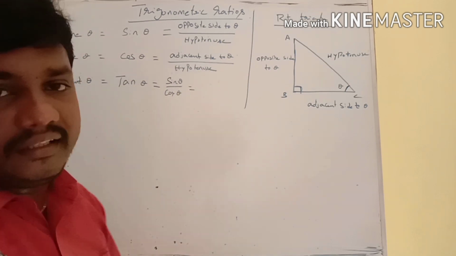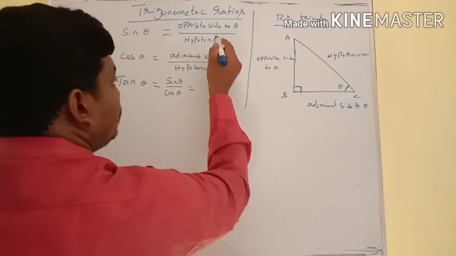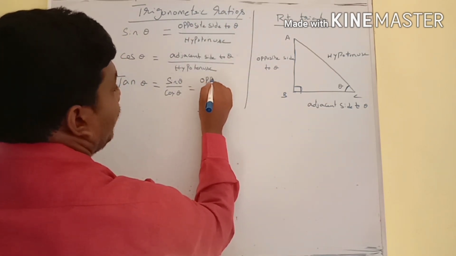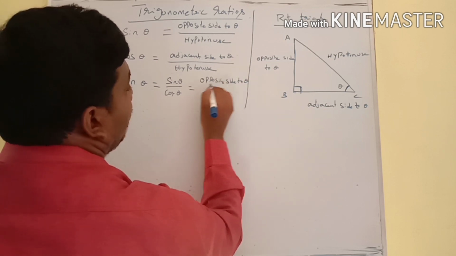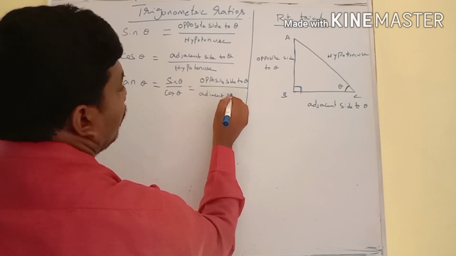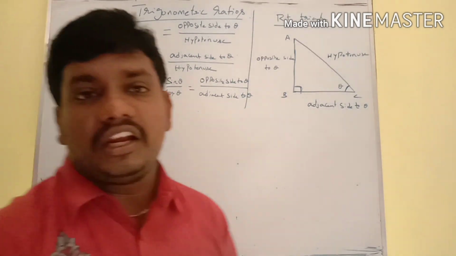Dividing, the hypotenuse gets cancelled, giving the opposite side to theta by the adjacent side to theta. This is called tangent theta.